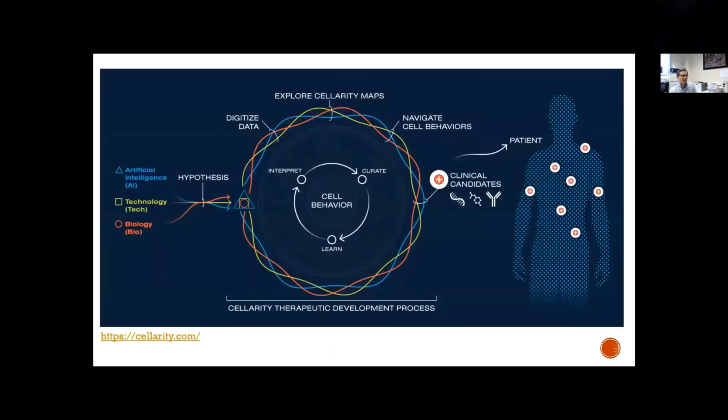So put them together: we have a biology hypothesis, then technology improvement, like single-cell RNA-seq technology, provides this unprecedented rich information, then you plug in machine learning or artificial intelligence.